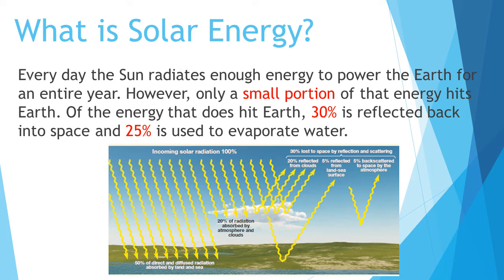We need evaporation in order to eventually create rain. So only maybe about half or less than half of the sunlight that hits the earth can actually be used by us to create electricity. But there are other factors to consider.